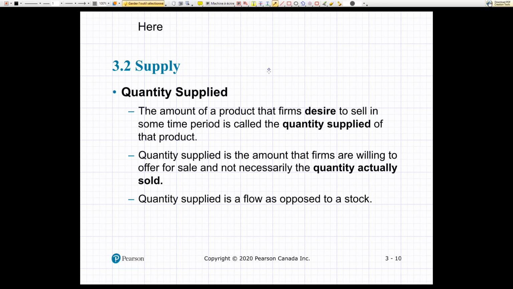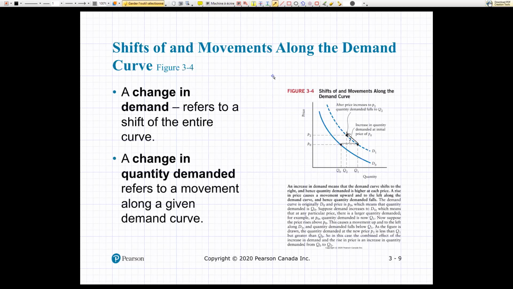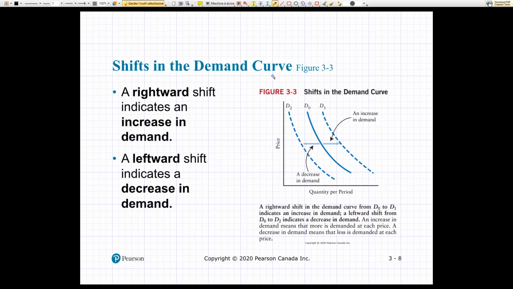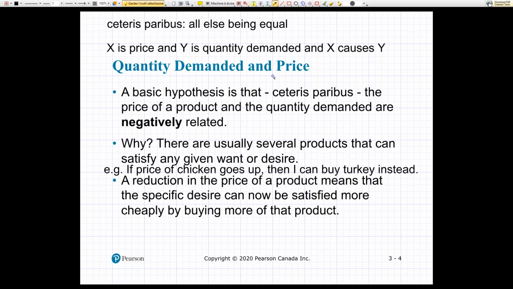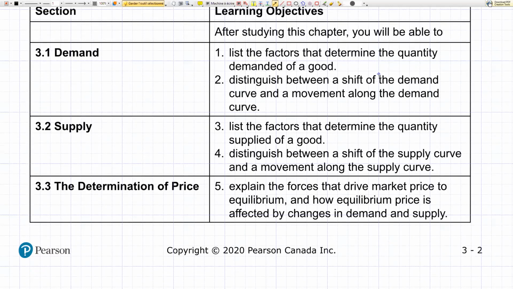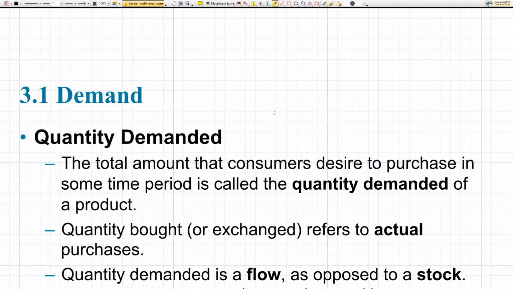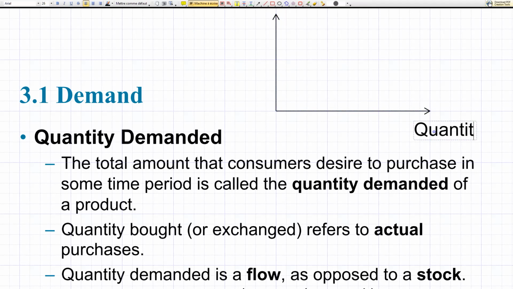All right, so let's go ahead and draw some stuff. I'll go back and take some space. Okay, I have some space here. So this is quantity, and this is the price.